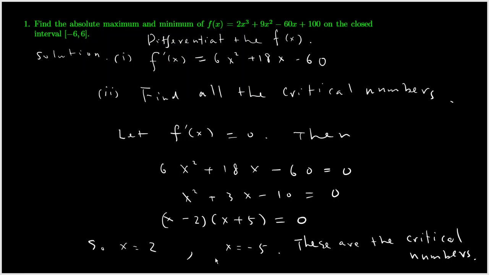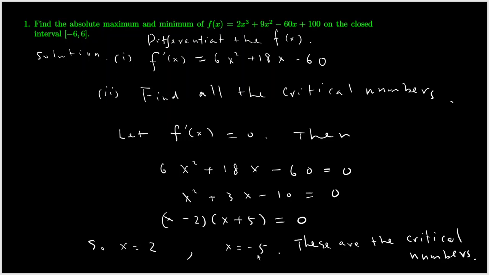Instead, try to understand me. Now, what are all the possible locations of the absolute maximum and minimum? We have two critical numbers. These are the possible locations. One possible location is 2. Another possible location is negative 5.